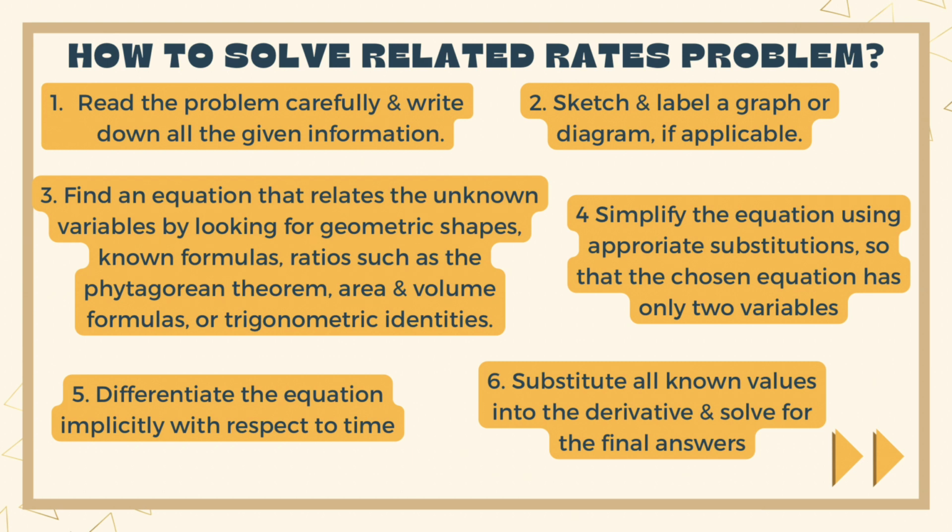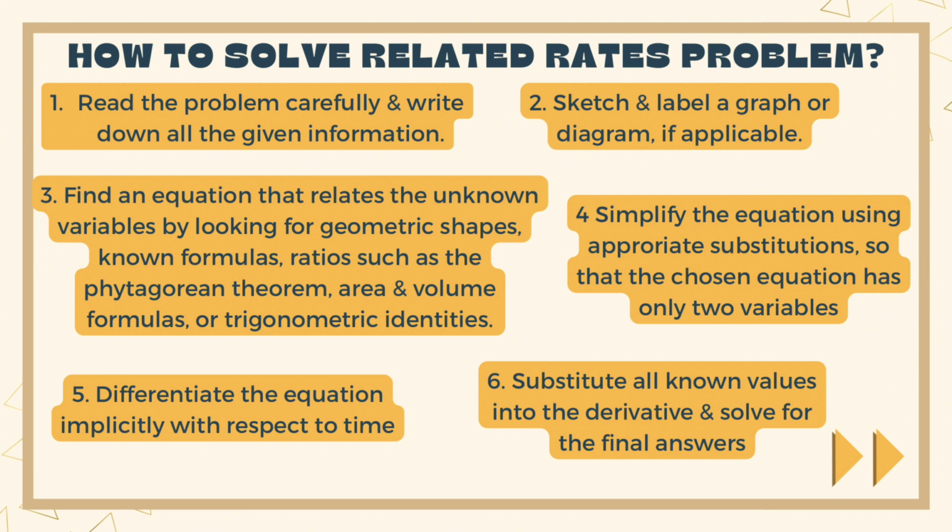The next one is find an equation that relates the unknown variables by looking for geometric shapes, known formulas, or ratios, such as the Pythagorean theorem, area or volume formulas, or trigonometric identities.